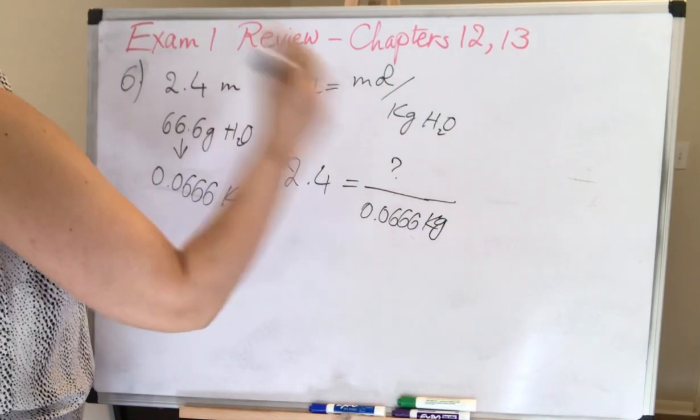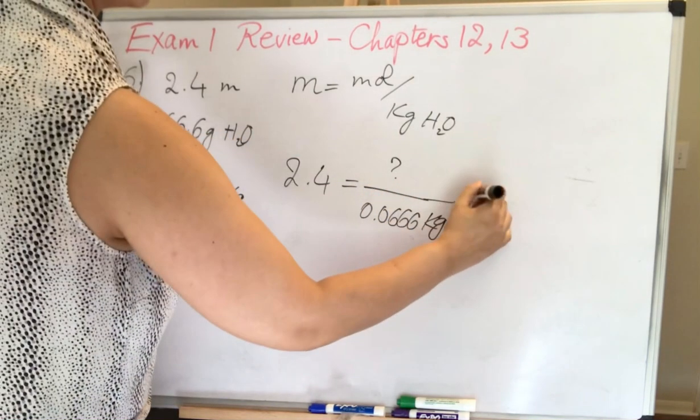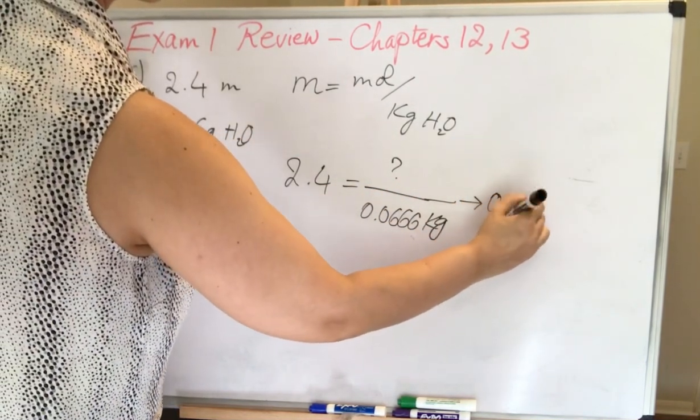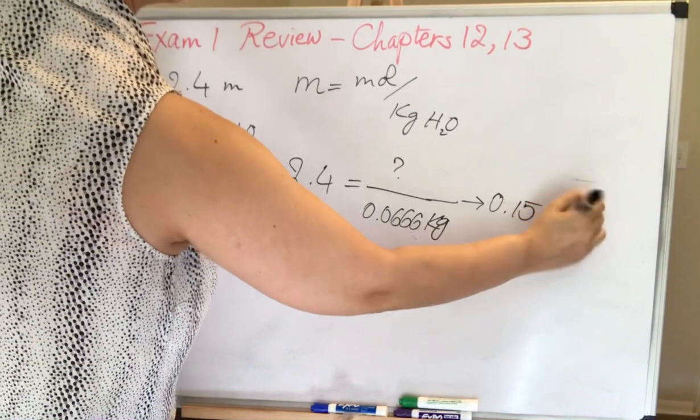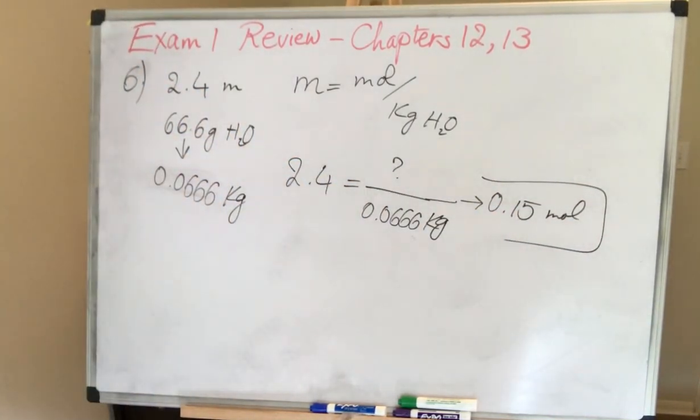So how many moles? It will give you 0.15 moles of urea. It's pretty easy.